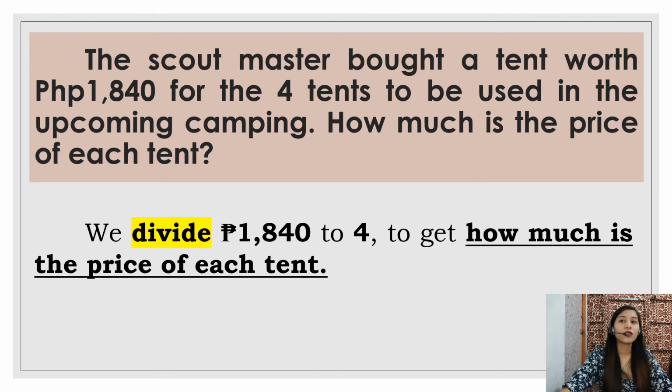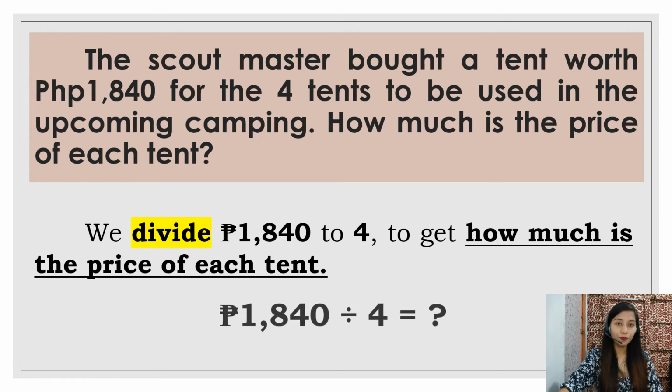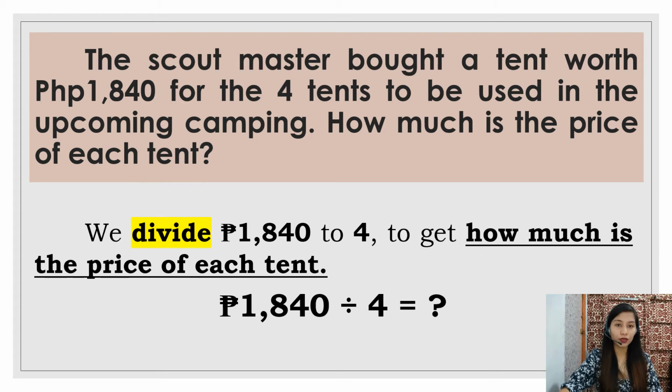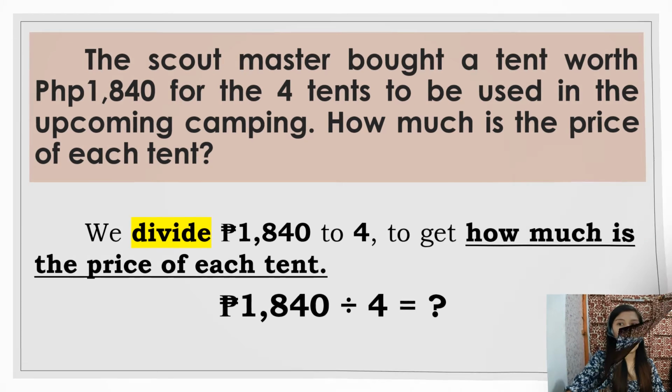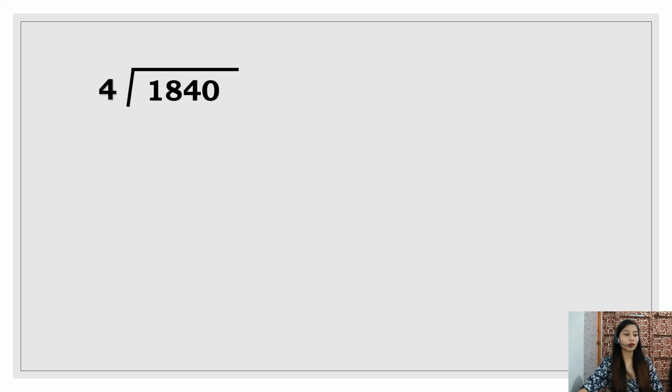So, we divide 1,840 to 4 to get how much the price of each tent. So, 1,840 divided by 4. So, let us solve. So, 1 divided by 4 cannot be, so we add 8.